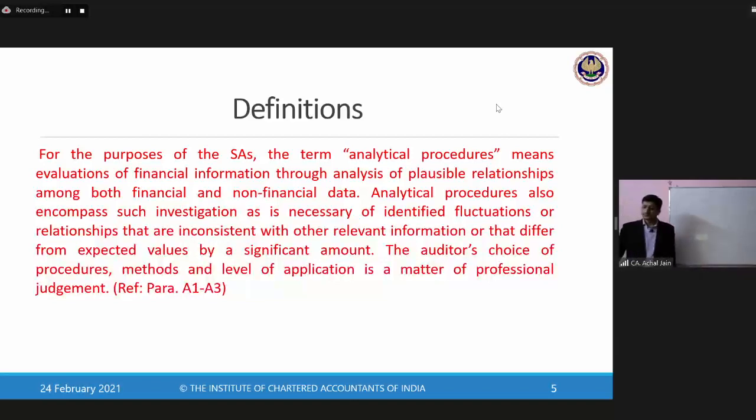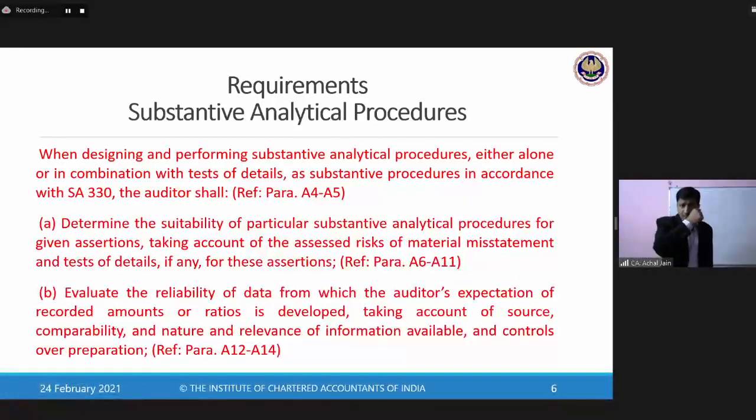Now, in respect of analytical procedures, we'll understand this in a better manner with the help of some examples. Let's read through the requirements in relation to substantive analytical procedures. So what are those requirements?